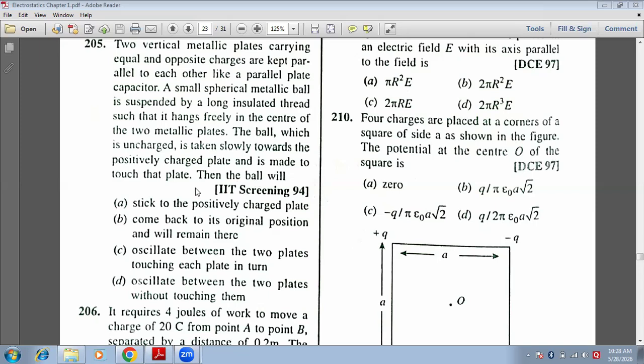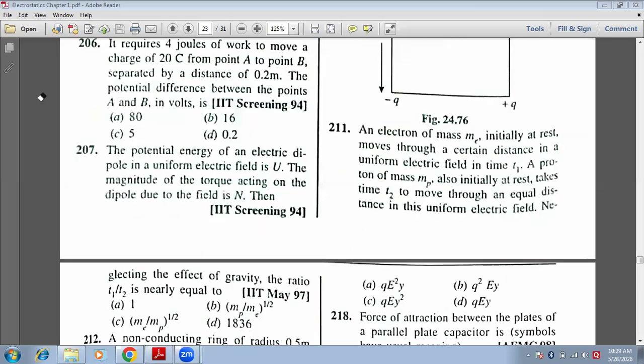Then the ball will, option A, stick to the positively charged plate, option B, come back to its original position and will remain there, option C, oscillate between the two plates, touching each plate in turn, option D, oscillate between the two plates without touching them. Correct answer, option C, oscillate between the two plates, touching each plate in turn.